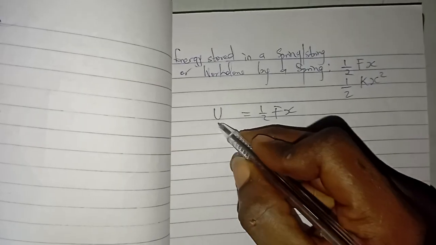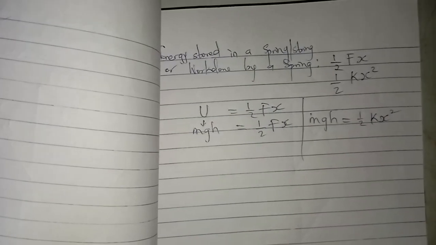And whenever we are talking about potential to do work, we know it's potential energy. So this can be mgh equals half Fx, or mgh equals half kx squared. So if there's any case where they tell you about heights and tell you that something was stretched through a height, it has mass or whatever, this is the formula to use.